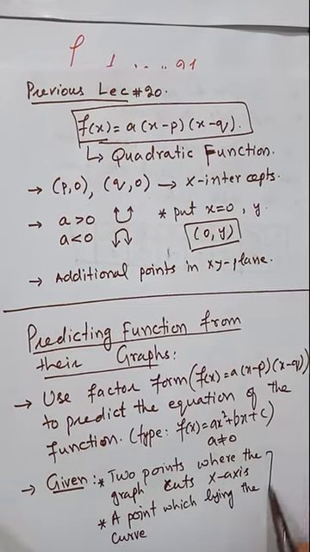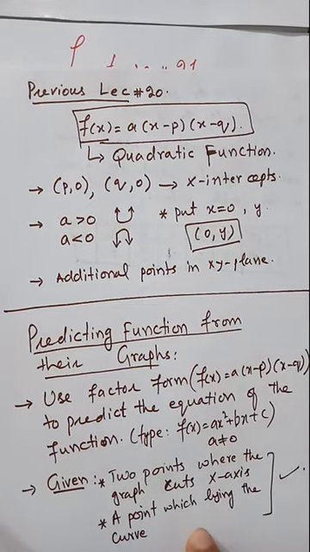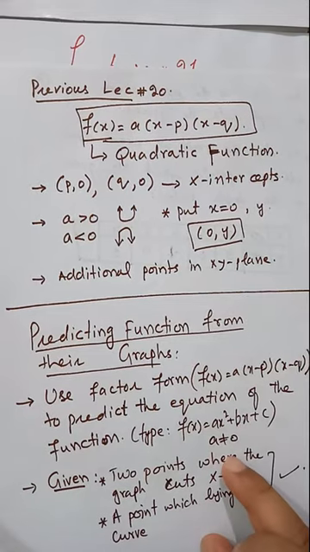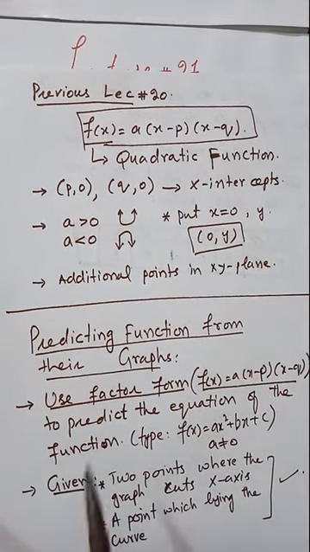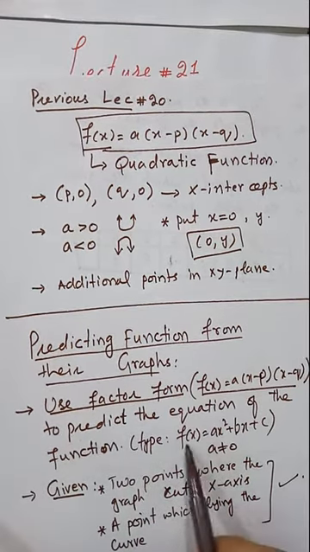So these two pieces of information will be given to you, and from them we will use the factor form and predict the equation of the function, but that equation must be in this type.